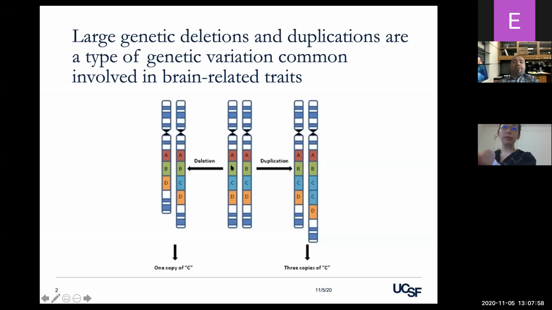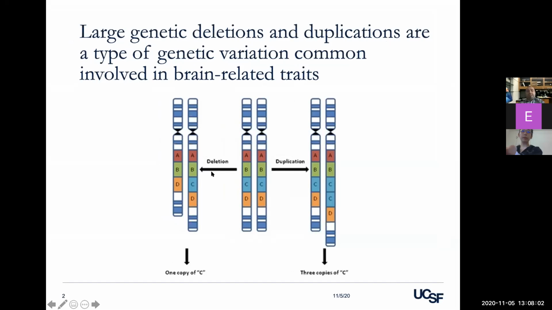So sometimes you will have a segment of your DNA deleted. So if you take this person on the left compared to this person in the middle, this person on the left only has one copy of the gene C, and this person on the right has a duplication, so they have a third copy of this gene.